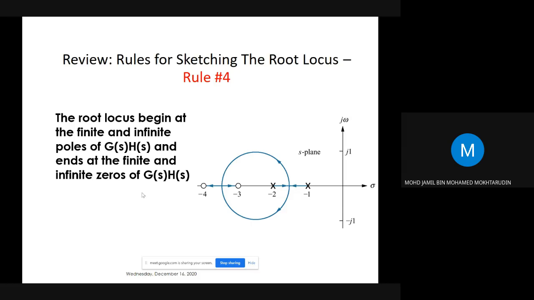Okay, so if you have poles at -1, -2, -3 and -4, you are going to expect that your root locus has 2 branches because you have 2 poles, and it will always start from the pole. So how does it go to the zero, because the zero is on the other side. So you can't overlap like this. Later it will overlap with this pole. Okay, so you can't do that.